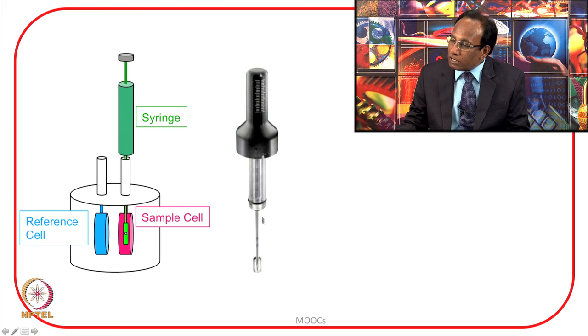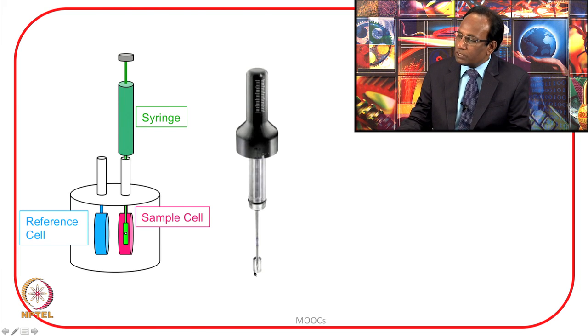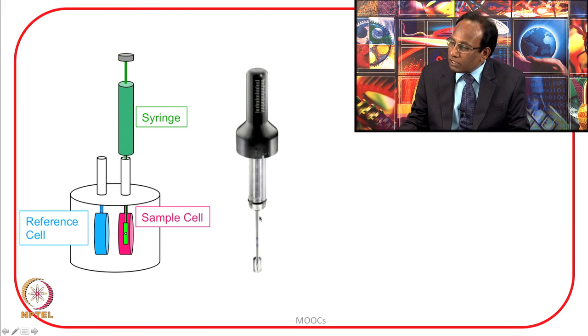And you can clearly see here this assembly, from this assembly the syringe can be taken out, that we can show in some other lecture, but you see here the needle which is extending out of the syringe has this sort of pedal at the end, and there will be a hole in the pedal through which the solution can be delivered.